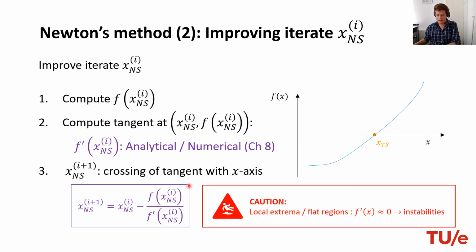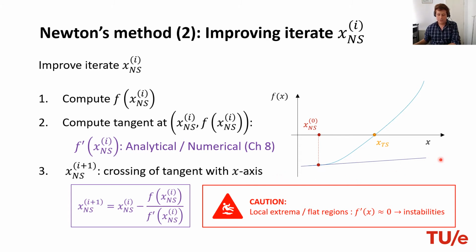Let's take a look at an example here. So let's say that we chose to take the initial guess over here. And sadly, we see that the function here is quite flat. So we try to draw the tangent line. Well, we see again this slope, the derivative, is almost equal to 0. It's slightly positive, but it's almost equal to 0.